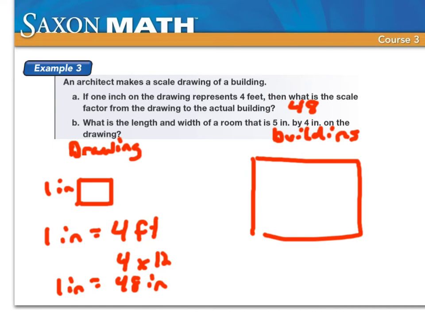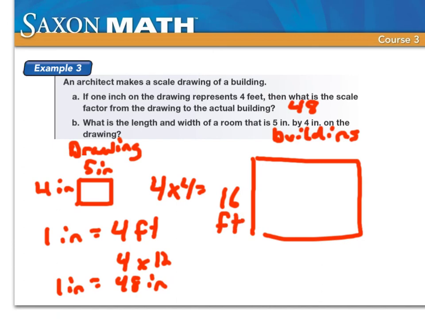Then it says, what is the length and width of the room that is 5 inches by 4 inches on the drawing? So, I guess I should have put this earlier. So 4 inches on this. Our drawing is 5 inches by 4 inches. They want to know what's the length and width of a room that is 5 inches by 4 inches on the drawing. Well, 1 inch was 4 feet. So if I take my 4 inches times 4 feet, that gives me 16 feet over here.